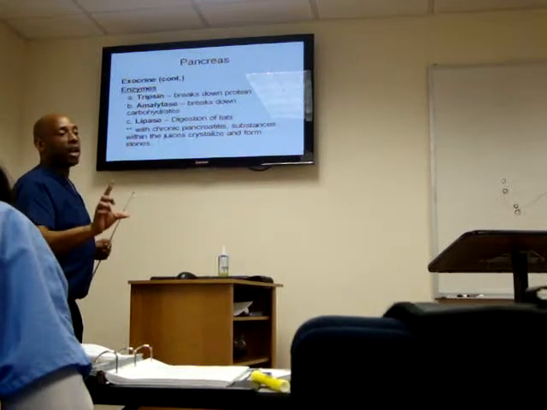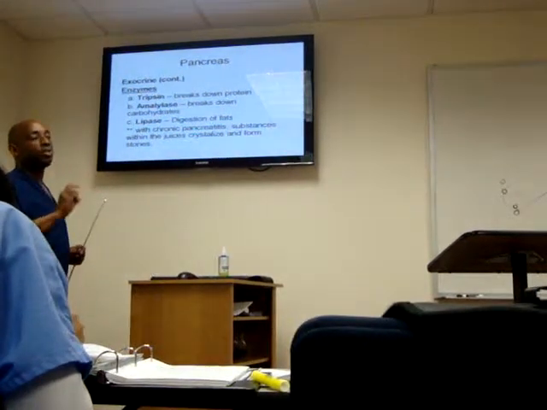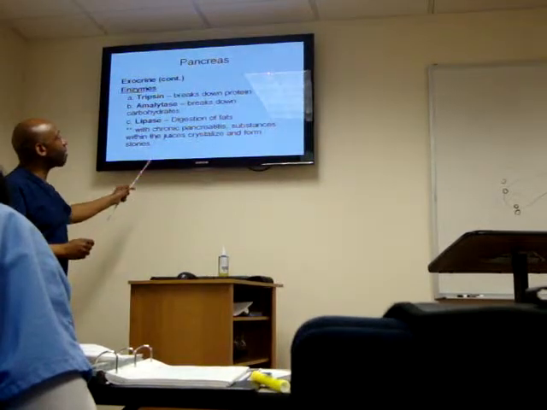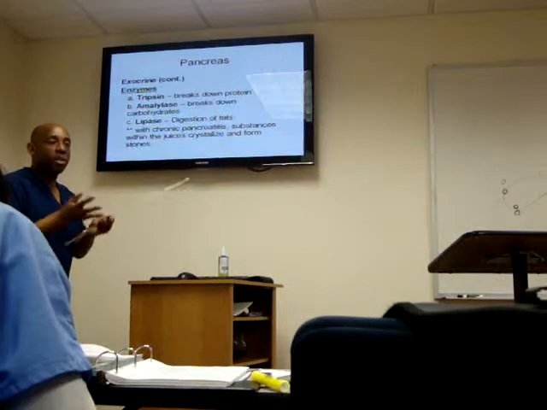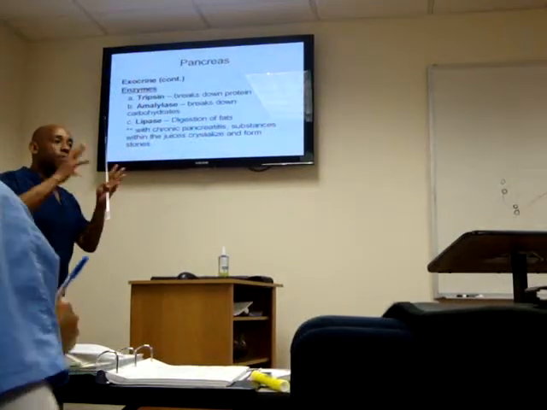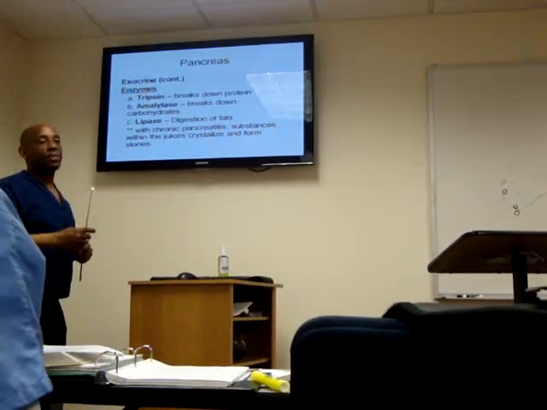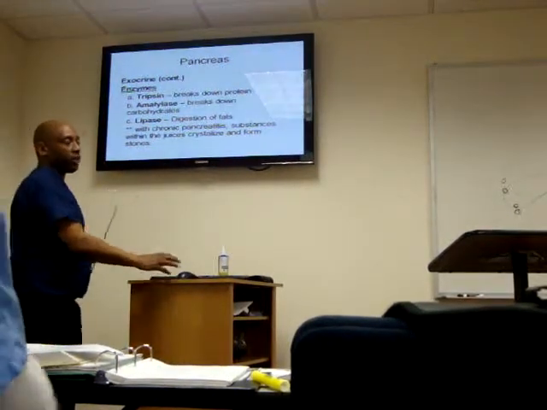Just as an aside, what happens sometimes is that these pancreatic juices escape from the duct and begin to inflame the pancreas. That's what causes pancreatitis, but we will expand on that when we get to pathology.